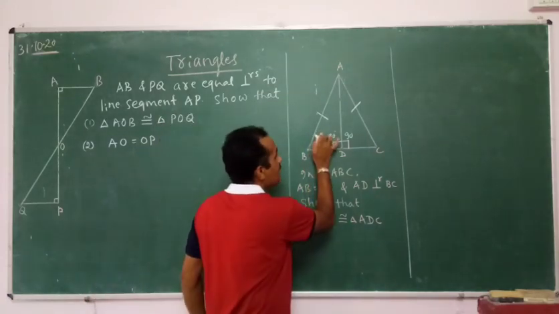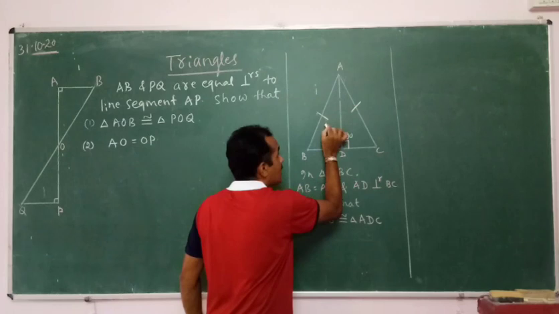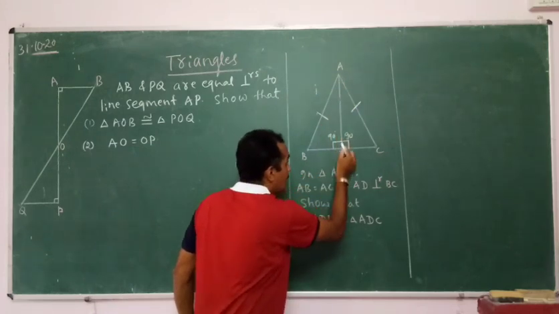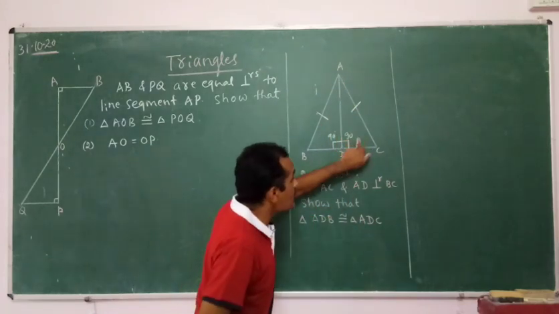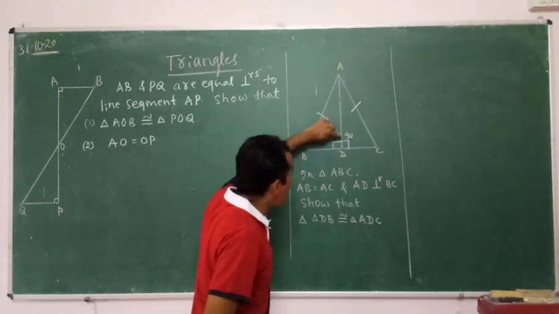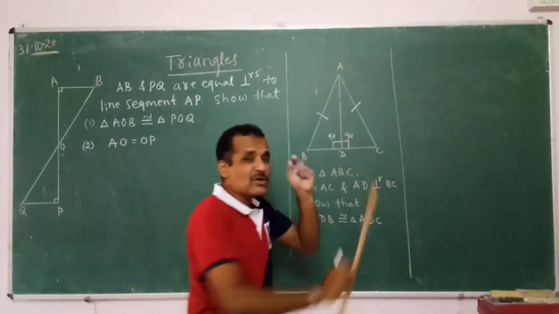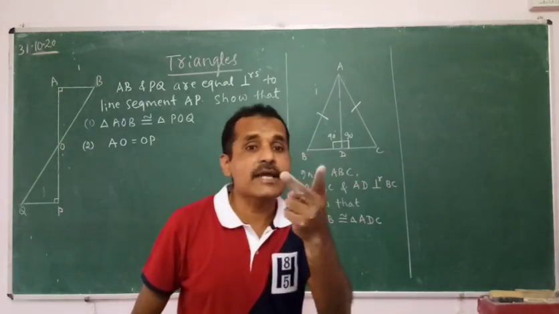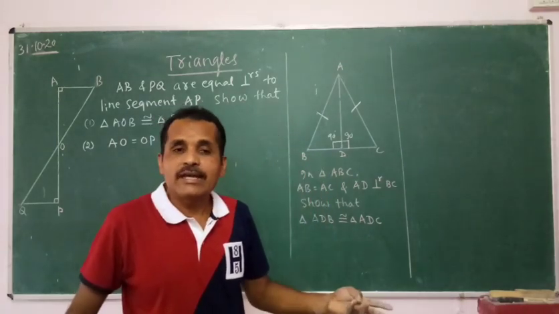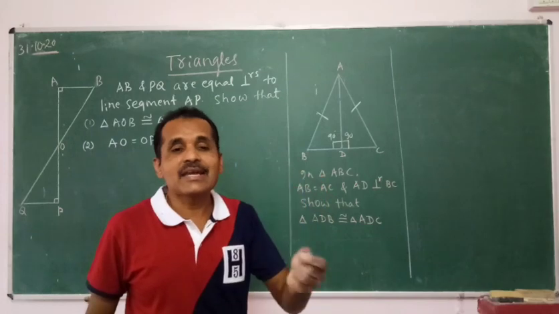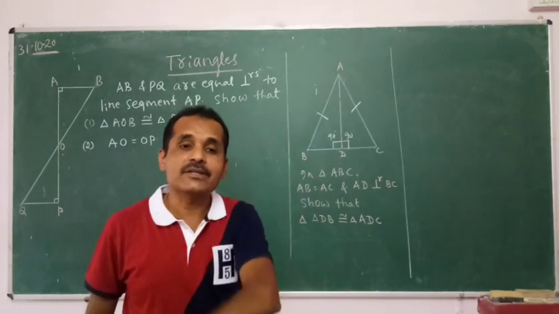See, this triangle has the side AD, and this triangle also has the side AD. This AD is the common side for both the triangles. We can use that one and we can say the triangles are congruent.